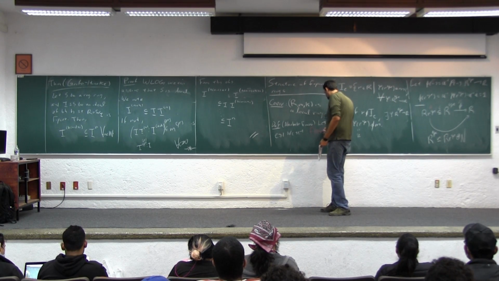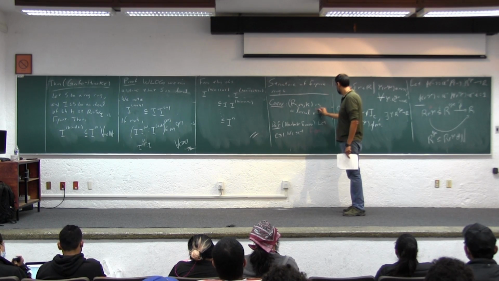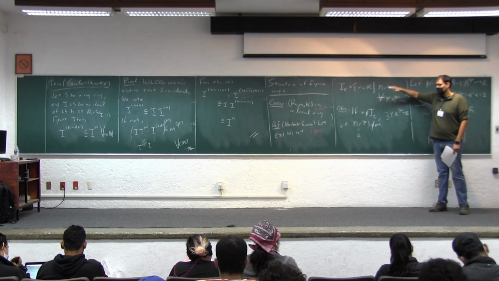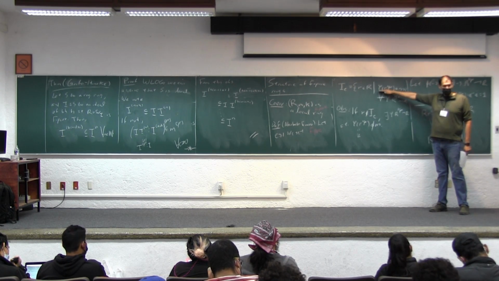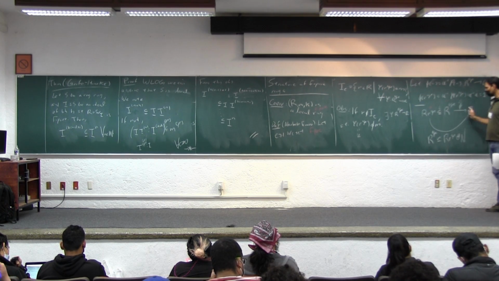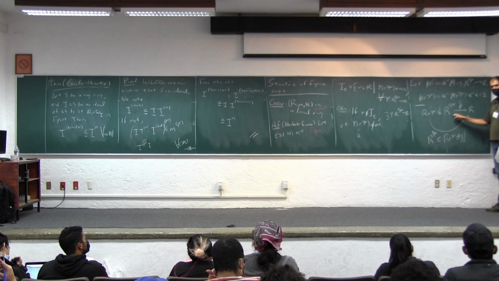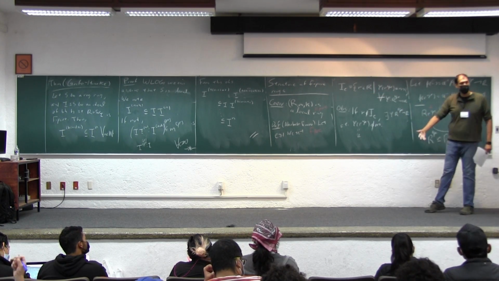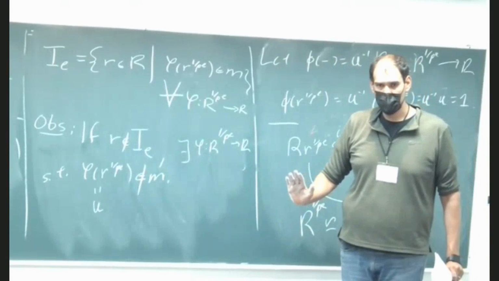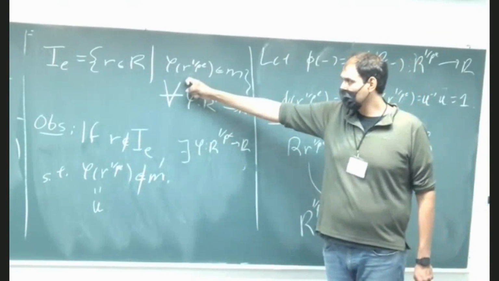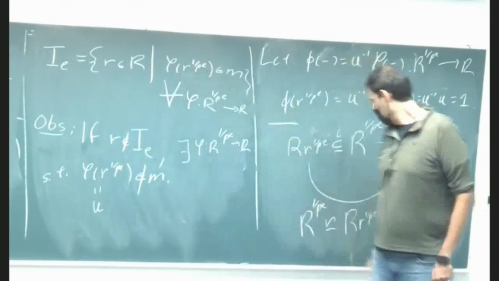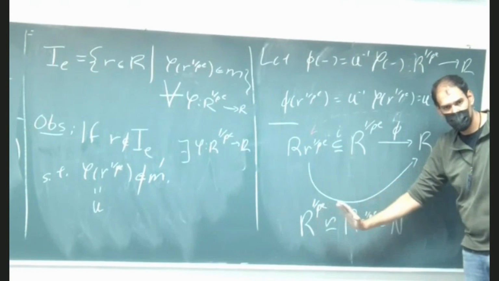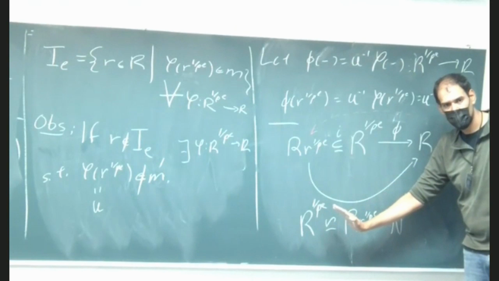Sorry, let me just assume R is pure here. Because it is pure, this is a proper ideal, and 1 is never here. And here it is telling us that we know that 1 splits off of R^(1/p^e), but this is telling me that every element that is not here also splits off. Making sense? For every element that's not here that you give me, I can build a free direct summand of this module. We good? Okay.